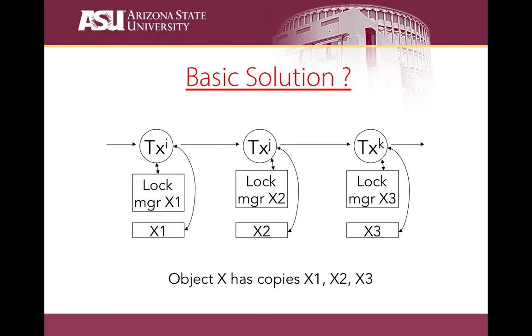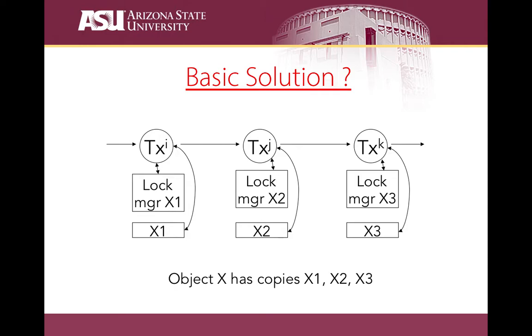So a write lock on X means a write lock on x1, a write lock on x2, and a write lock on x3 at the same time. Then when you do the writing, you maintain the lock on x1, x2, and x3, then write x1, write x2, write x3, still holding the exclusive lock on all of them.